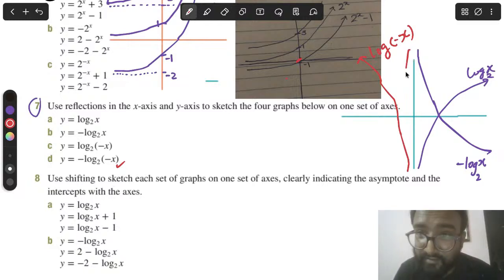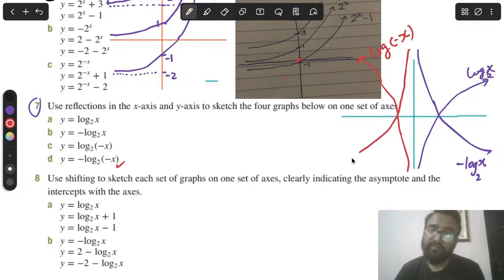So this is your reflection about the x-axis. It is minus log of minus x base 2. Clear?